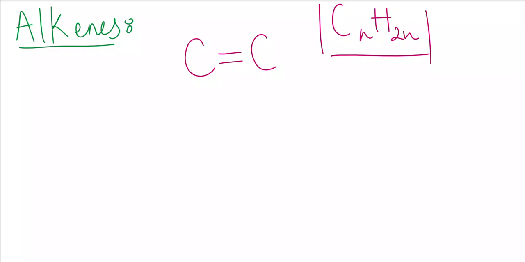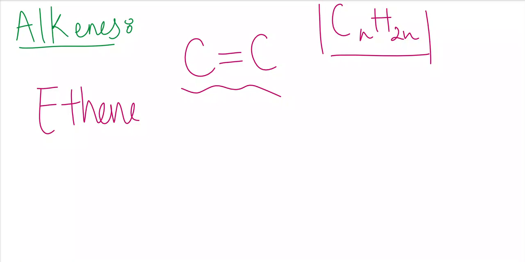Because a double bond is required between 2 carbon atoms, the first or simplest member of alkene is ethene. It does not start with meth, it will start with eth because of the condition that it requires a double bond between 2 carbon atoms. There should be one double bond between 2 carbon atoms that represents the alkenes. That is the condition, so we call it an alkene.